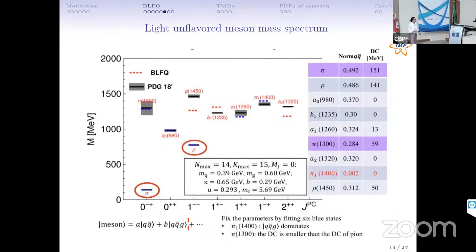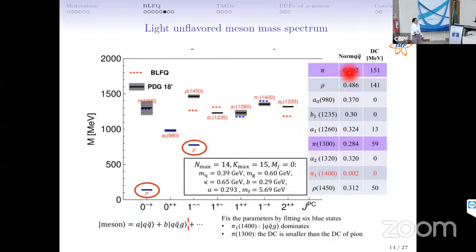To set the parameters, we fix them using the pi and some low-lying states, and then we study the structure of various mesons. We found that the probability of the pi in the leading Fock sector is about 0.49, and the higher Fock sector dominates over it. The decay constant for the rho meson is a little low against the experimental data of about 220 MeV.